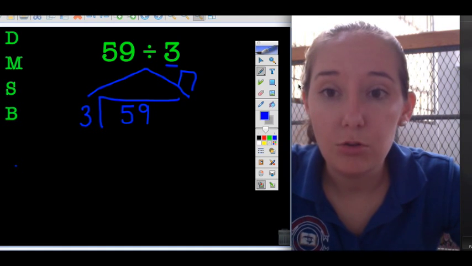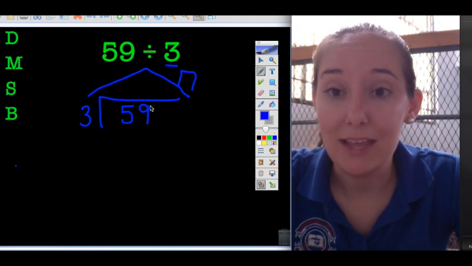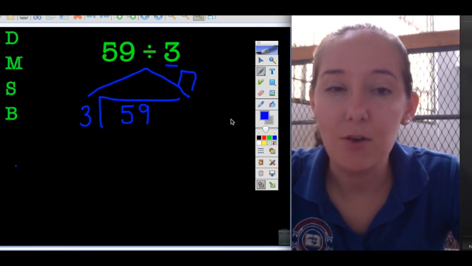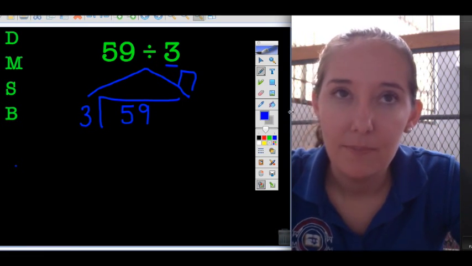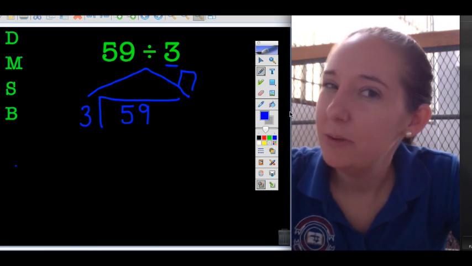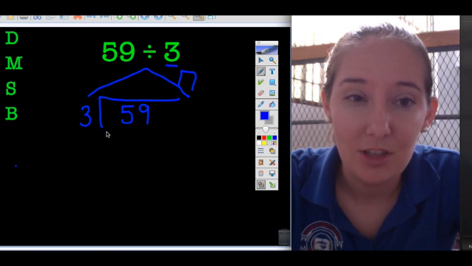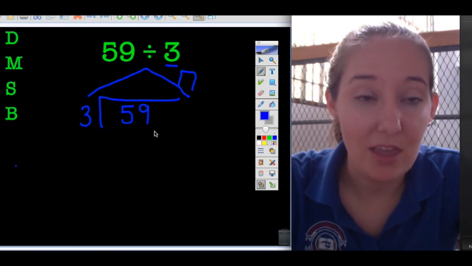So we're gonna go through those steps one by one. The first one is divide. So we're gonna divide 3 and 5. Now, if you think about this here, is there going to be an exact answer here? Can we split 3 into 5 evenly?